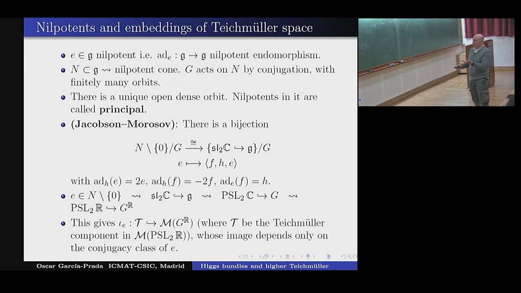So you have the Teichmuller component always here, once you have chosen a nilpotent, and whose image depends only on the conjugacy class of E. Because you have an SL2R, and then you get your Teichmuller component inside of your moduli space.